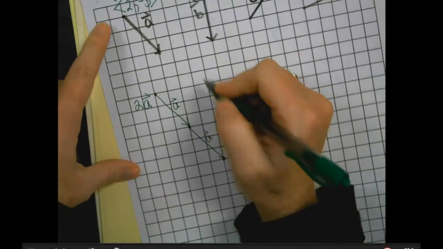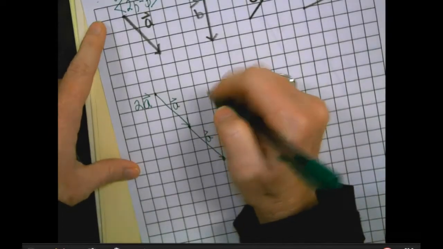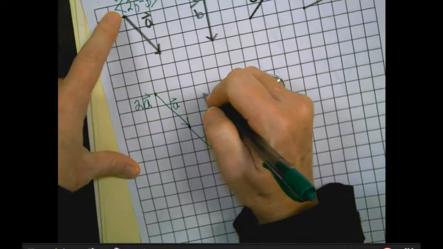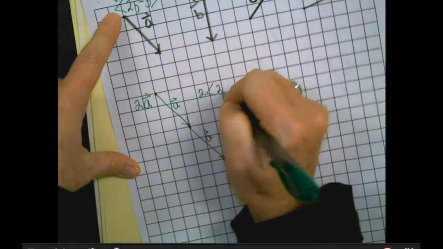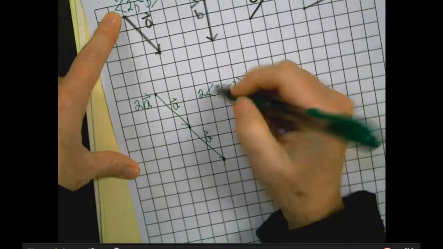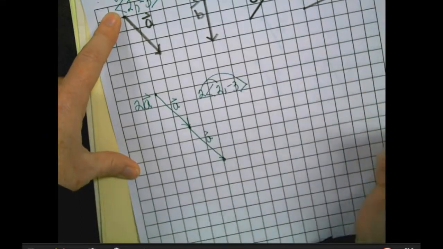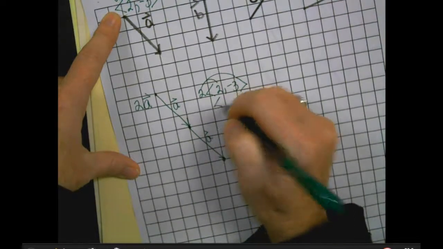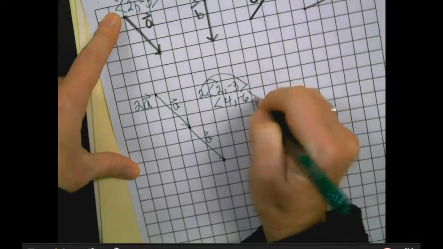So now let's do what Isaac said. We're going to multiply 2 times the 2 and the negative 3. When I do that, you have to multiply both things times the 2. So I get 4 and negative 6.